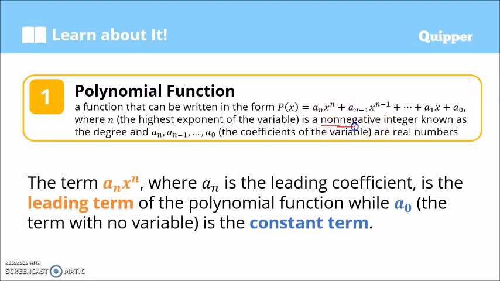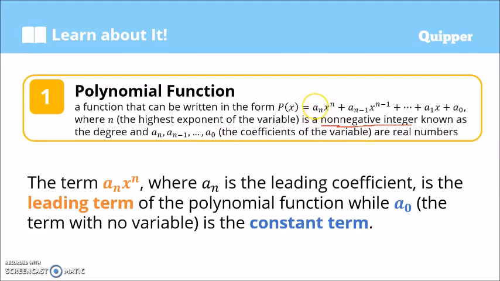Take note of the word non-negative integer, meaning hindi siya pwedeng mag-negative, hindi siya pwedeng decimals, hindi siya pwedeng fractions. Integer. Okay, non-negative integer, known as the degree of the polynomial. And a sub n minus 1, dot dot dot a sub 0, those are the coefficients of the variable.